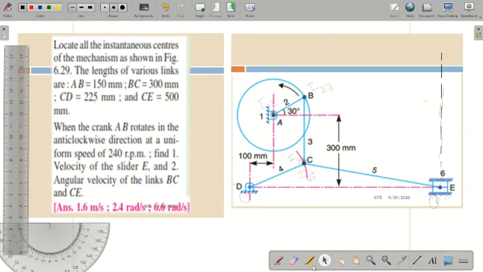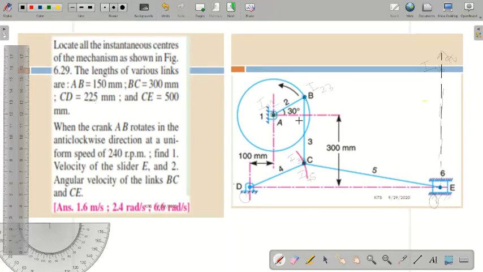After drawing this, put an arrow mark here and write I 16, and this line is the infinity line. Put infinity here. So I 16 will be at any point on this line.